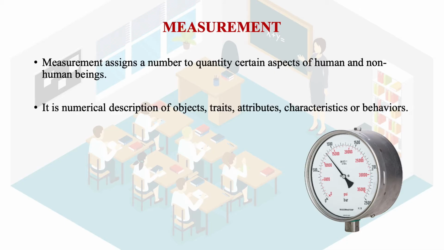It may be an achievement score, a score of creativity, a score of intelligence. At the same time, measurement of non-human entities or non-human beings. It may be any physical object. That is the concept of measurement, and further it is a numerical description of objects, traits, attributes, characteristics or behavior. So, try to understand.